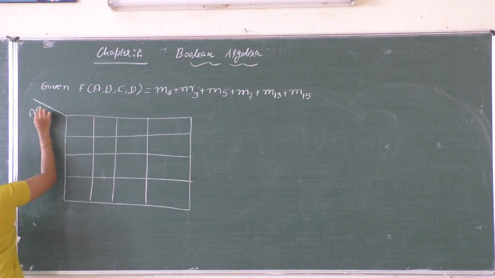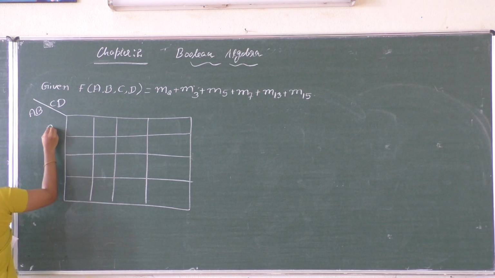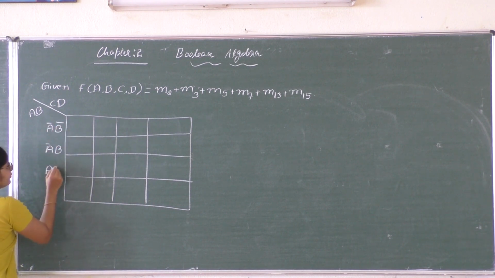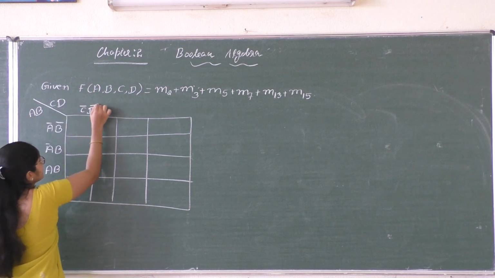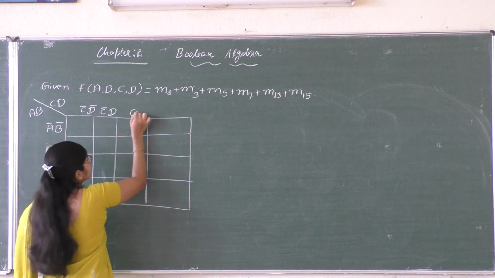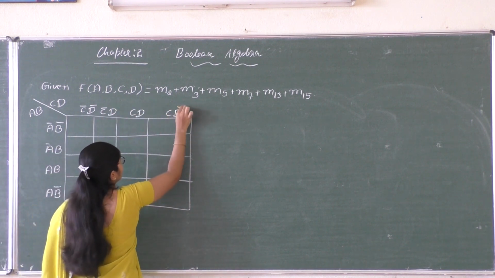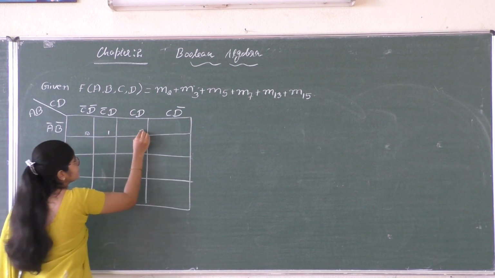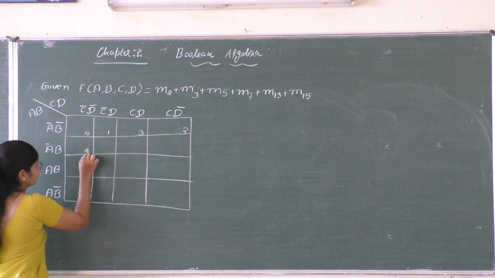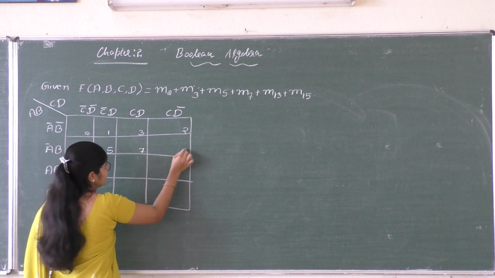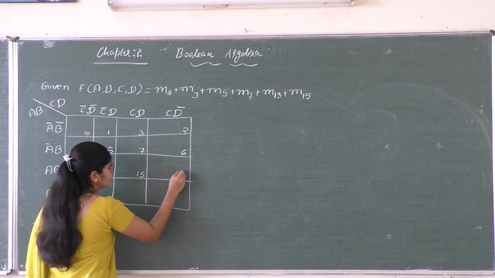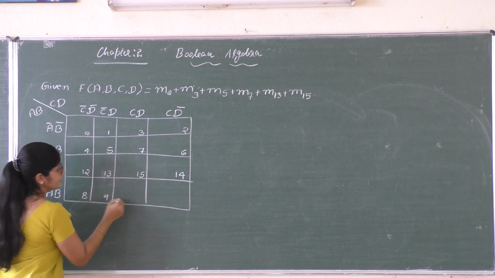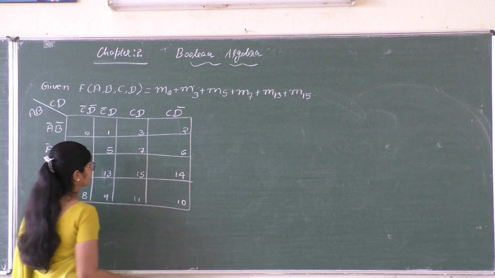Variables are A, B, C, D. A bar B bar, A bar B, A B, A B bar, and here C bar D bar, C bar D, C D, C D bar, with squares 0, 1, 3, 2, 4, 5, 7, 6, 12, 13, 15, 14, next 8, 9, 11, 10.